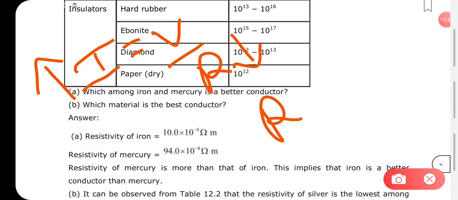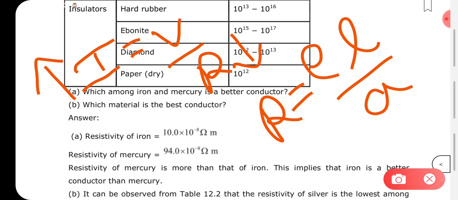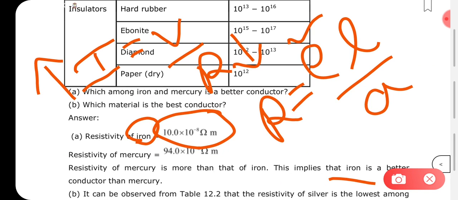And we know R is equal to rho L upon A. Here rho is what? The resistivity. Now this resistivity value we want it to be less. Which one has less value for resistivity? It is our iron that has less value for resistivity compared to mercury. Therefore, what it implies? It implies that iron is a better conductor than mercury. Okay, if you cannot understand the answer directly, try to relate it with these formulas and you will be able to answer these questions. Okay.